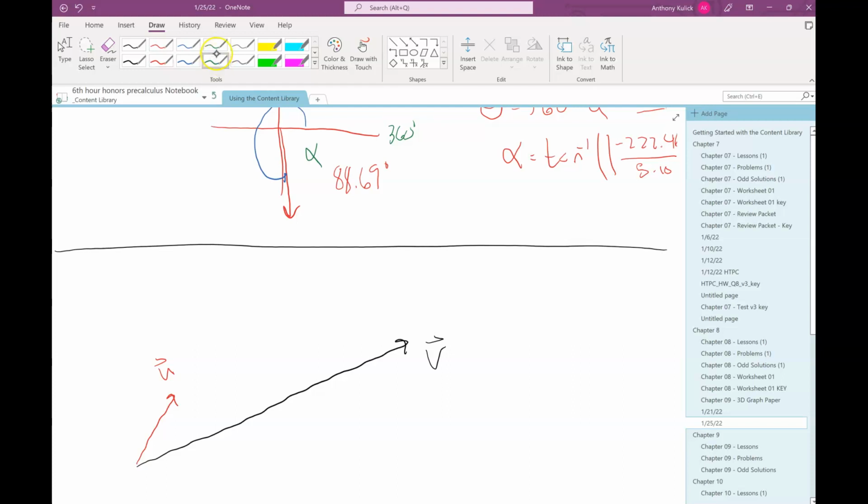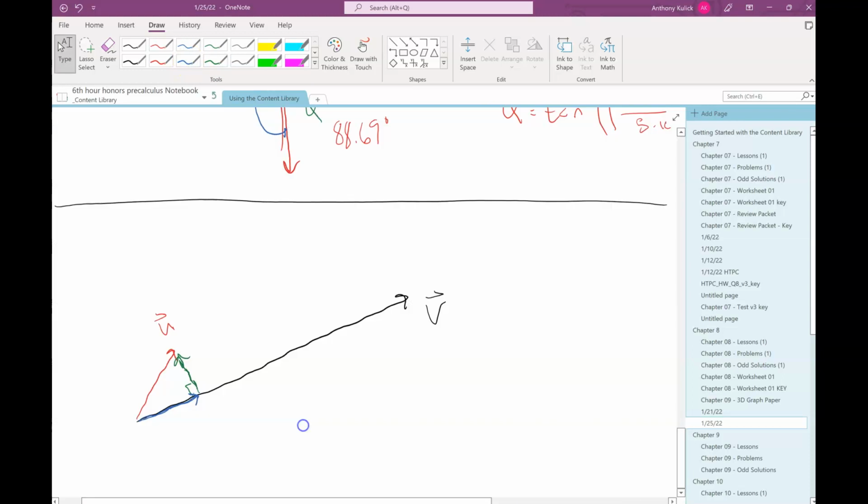So what we're really going to be doing here is looking for this vector here that I've drawn in blue. The name we're going to give this vector is going to be called the projection of u onto v.